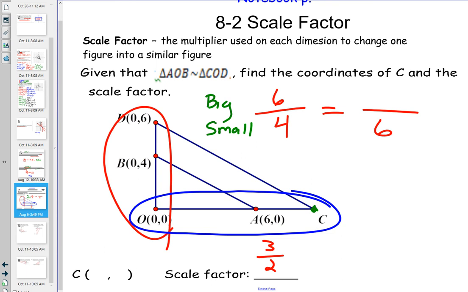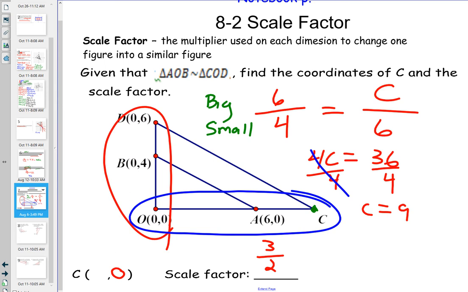What goes on top? The C that I'm looking for. Because C is along the bottom and the y wasn't changing, I know the second coordinate is going to be 0 because it's on the x-axis. What I'm looking for is what the x is going to be. So cross multiply. That's how you solve the proportion. 4c is equal to 6 times 6, which is 36, divided by 4. So C is going to be at 9, 0.